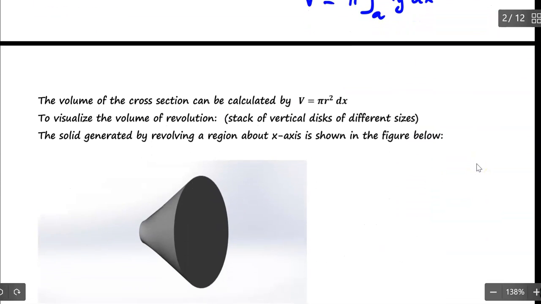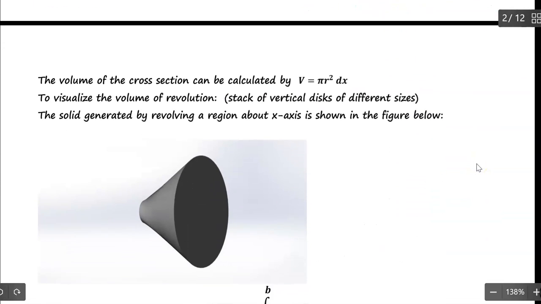Let me show you this solid right here. You see that I have a disk like this. I have one disk, then another disk, then another disk, then another disk. I have so many of these disks, and I add them all together, and I will have the volume for this solid.